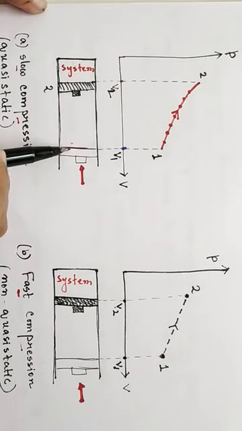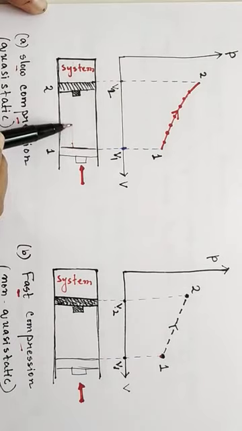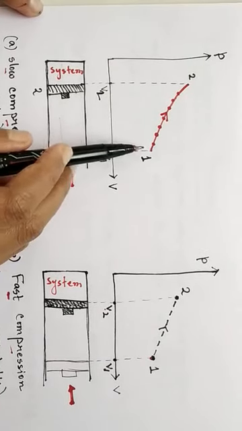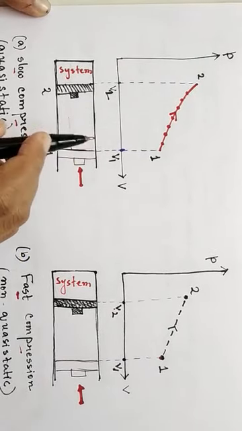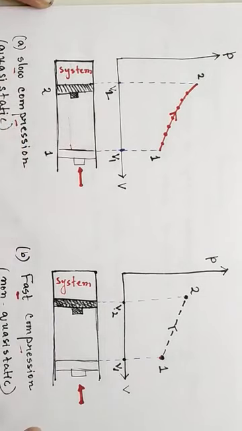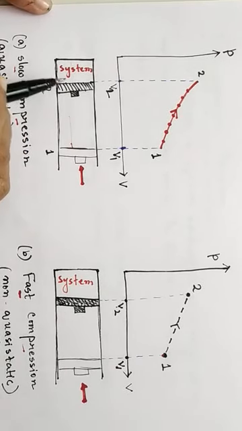But here you see, as the compression is done very slowly, its volume will decrease as well as its pressure will increase, but the changes in volume and pressure will remain somewhat equal at every part of the system.